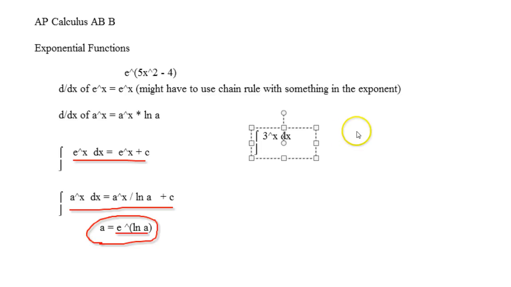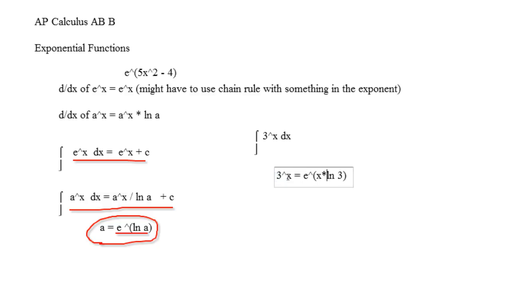So just making up a problem like this, the integral of 3 to the x dx. I could cheat and just use the rule, but I'm going to show you how it works. So 3 equals e to the natural log of 3. Since we also have the x in there, if I raise this to the x power, I have to raise this side to the x power as well.